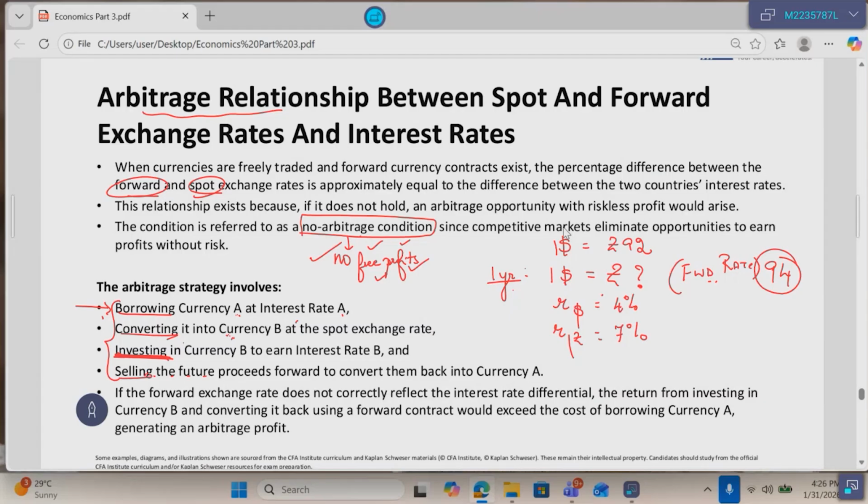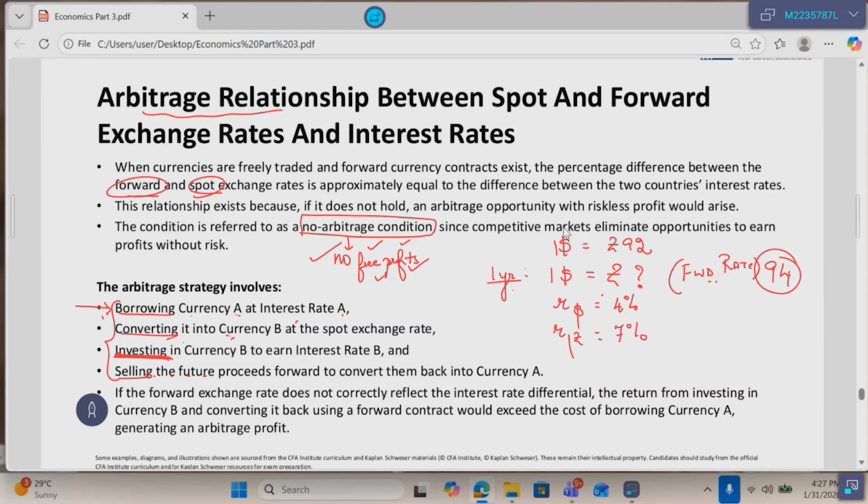After 1 year, what do you do? The amount you invested, you will get it back with interest. That amount you will convert into the dollar component, and use it to repay the loan of currency A. All you did is you borrowed, invested, sold, repaid.